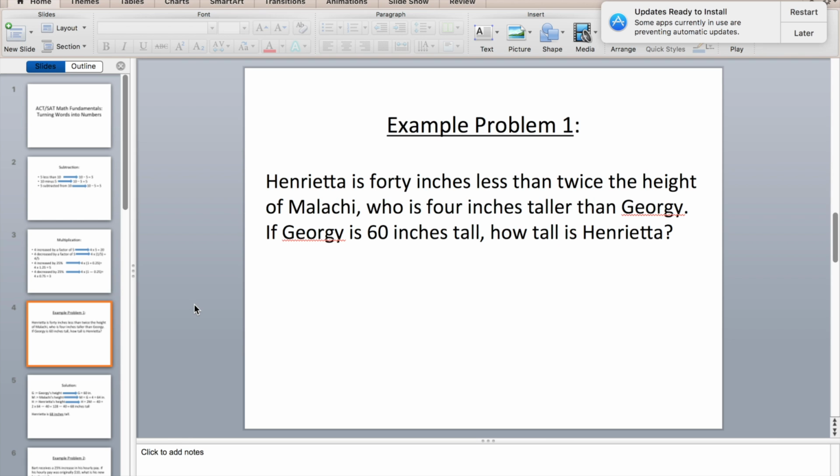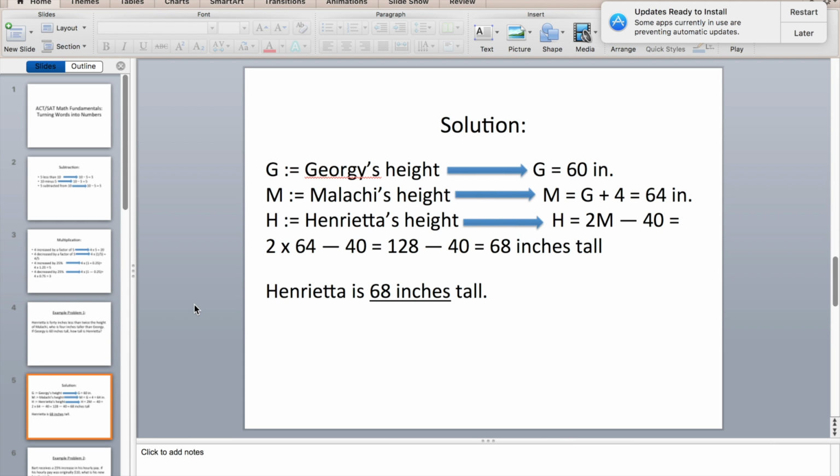We're given that Georgie is 60 inches tall, and we're given two numerical expressions that relate Malachi and Georgie's height and Henrietta's and Malachi's height. We're told that Malachi is 4 inches taller than Georgie. So we know that Malachi is 64 inches tall.